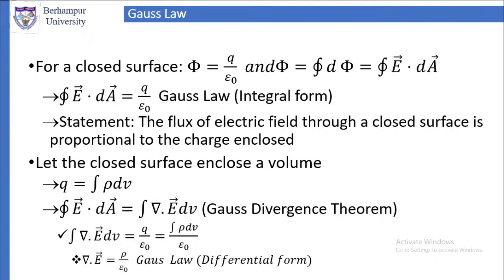So on the right hand side we can write integration of rho dV by epsilon 0. Now on both sides, left hand side and right hand side, we are integrating over the volume. Therefore the integrands must be same. So divergence of E is equal to rho by epsilon 0. This is again the Gauss law, in differential form.